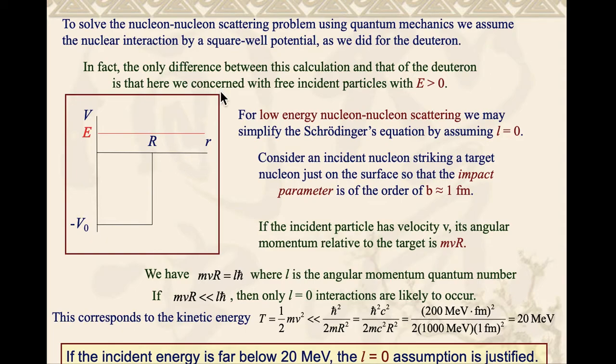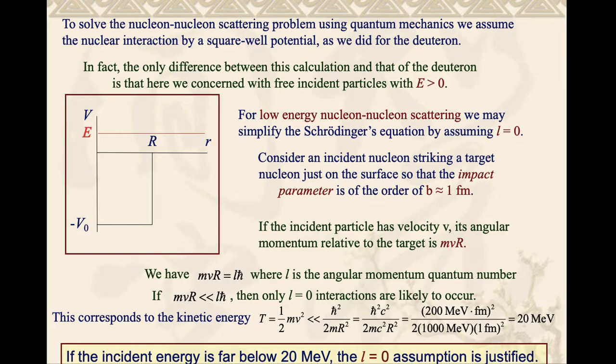In fact, the only difference between this calculation and that for the deuteron is that there we were concerned with the bound state, whereas here we are concerned with free incident particles with E greater than 0. Our particles are emitted with an energy, so the energy in the system will be the kinetic energy of the particles, and normally it will be greater than 0.